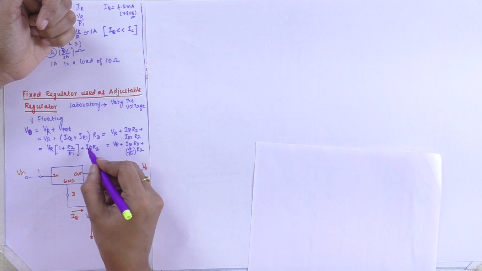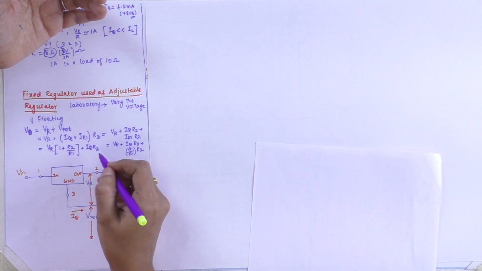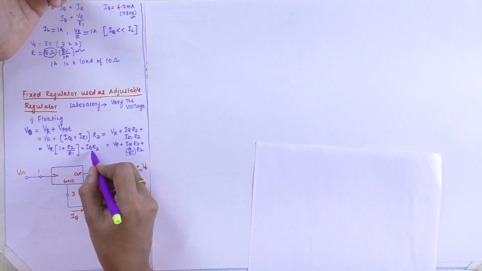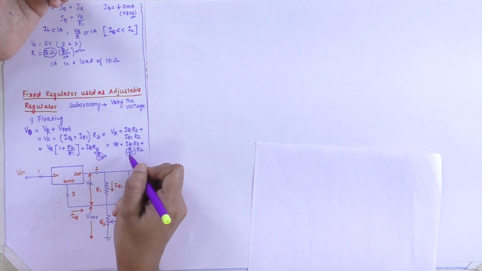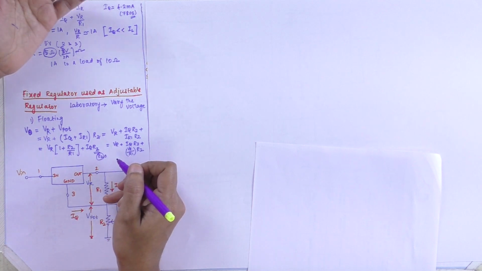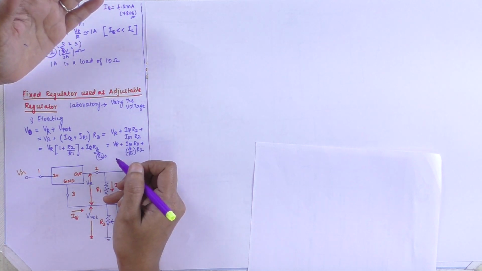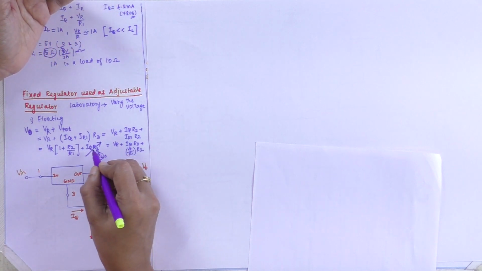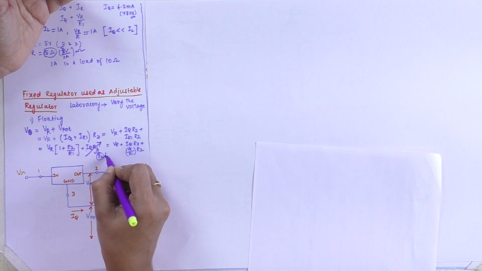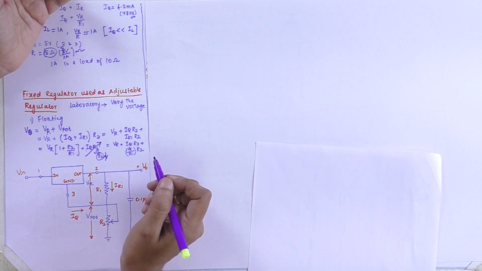If IQ is minimized by using a small value of R2, for example, multiplying with 0.001, the term gets very small. So ultimately this IQ effect is minimized by reducing the value of R2.